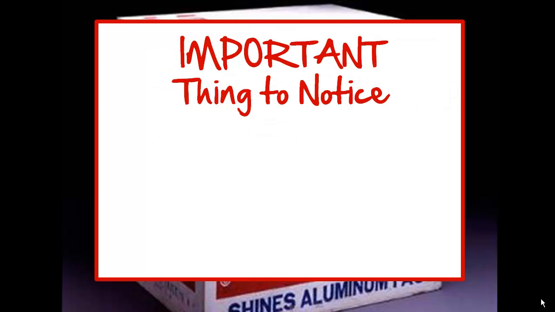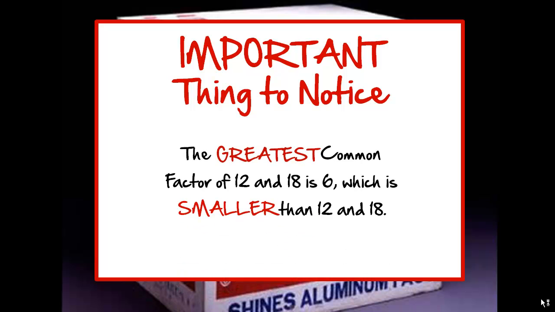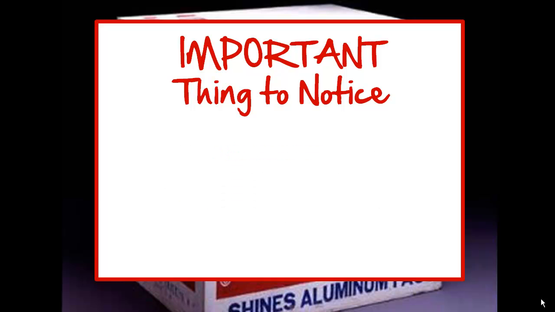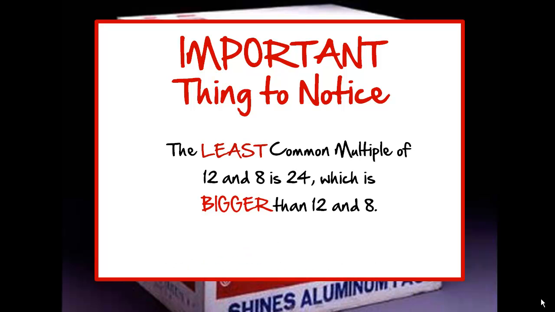One thing to point out is that when you're dealing with greatest common factor, that word greatest can kind of throw people off. Oddly enough, the greatest common factor of 12 and 8 is 4, which is actually a number that is smaller than 12 and 8. It's kind of an opposite thing. Also, the least common multiple of 12 and 8 is actually bigger than the 12 and the 8 itself.